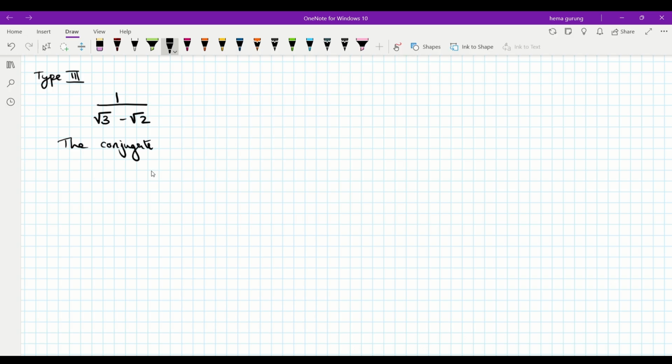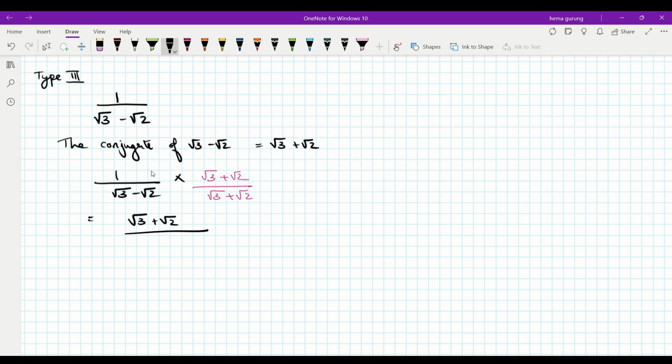The conjugate of root 3 minus root 2 is root 3 plus root 2. So we multiply root 3 minus root 2 by root 3 plus root 2, and the same thing in the numerator. 1 multiplied by that is the same.